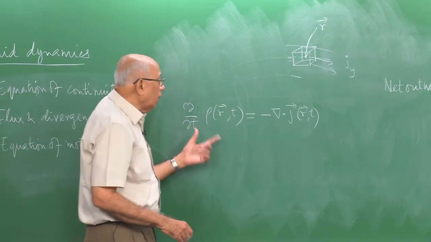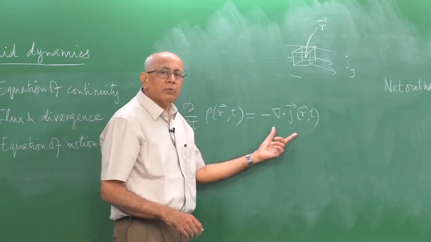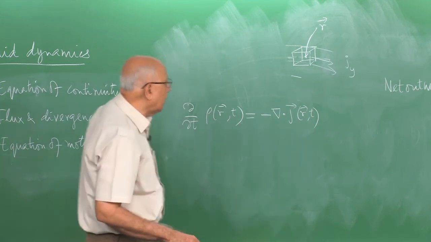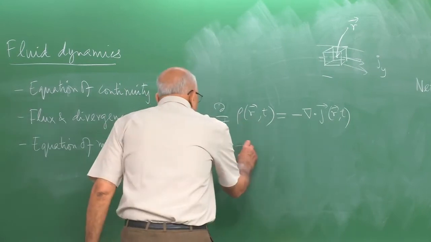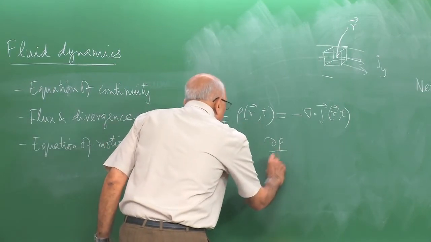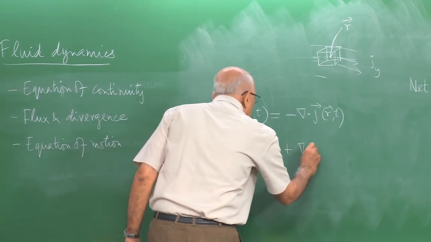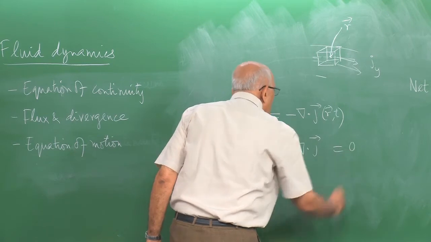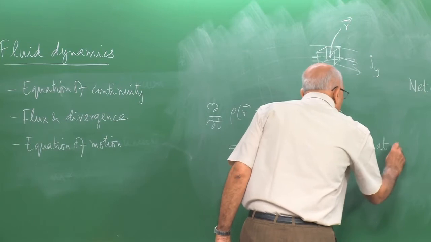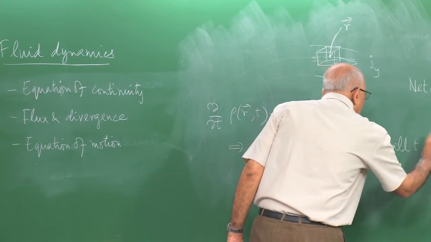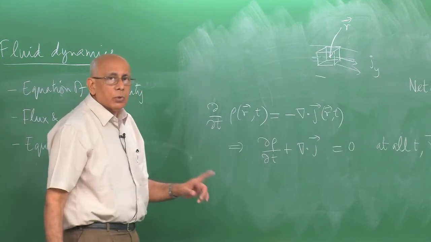So, this has got to be, if there is no source or sink in here, given by whatever the net inward flux of the fluid is, which is minus del dot J. So, together these will imply that delta rho over delta t plus del dot J equals 0 at all times at all points, in the absence of sources and sinks.